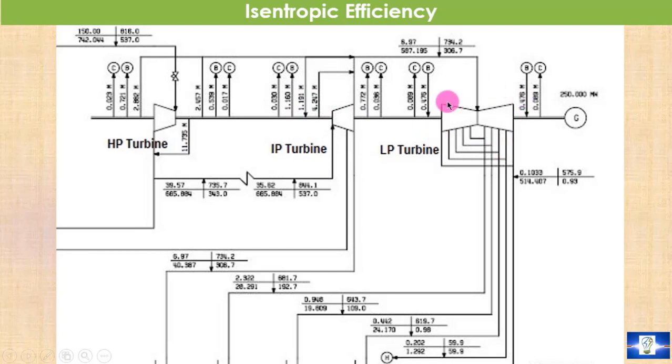But in an actual thermal power plant, the isentropic efficiency of the LP turbine is normally not calculated because the exhaust of the LP turbine is wet steam. So despite many theoretical and experimental investigations concerning wet steam flow in turbines, precise evaluation of the losses and efficiency is still a difficult task.